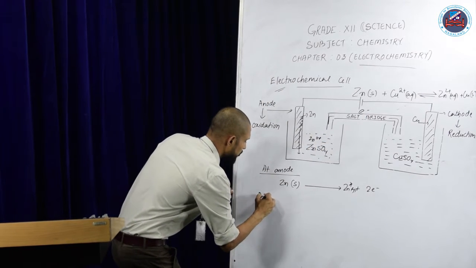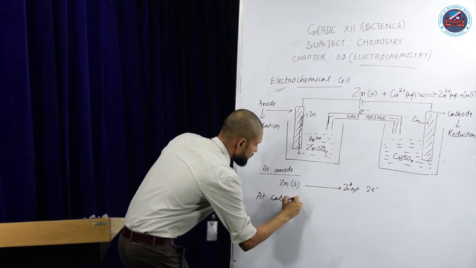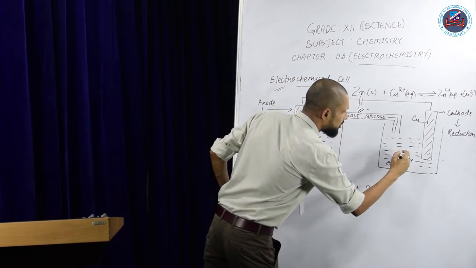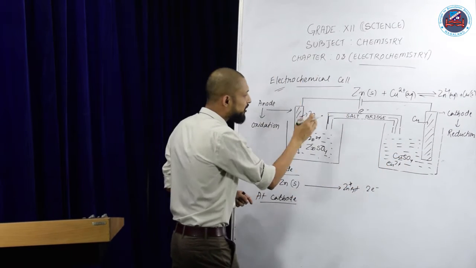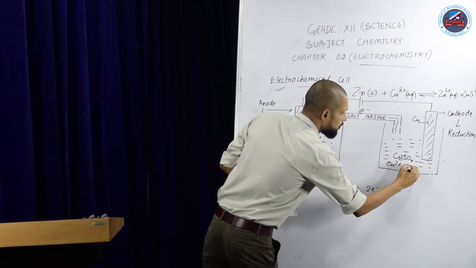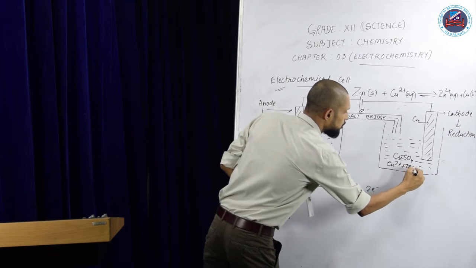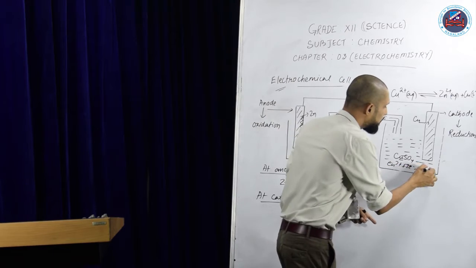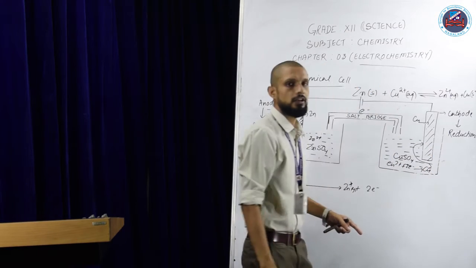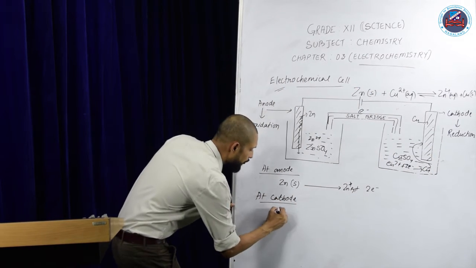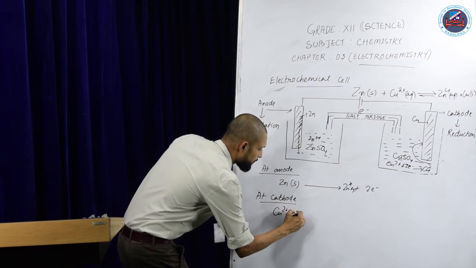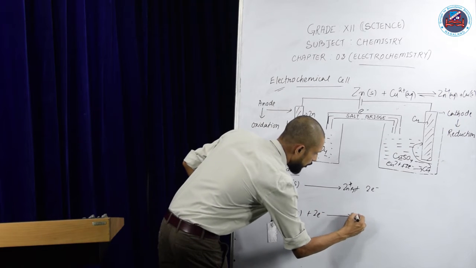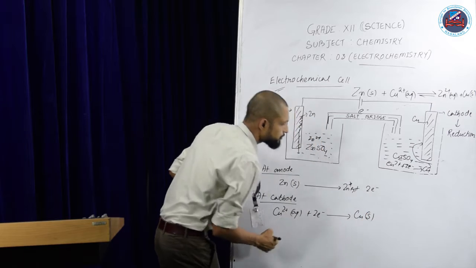So at cathode, the copper ion present in the solution will receive two electrons which come from the anode and is reduced to copper. And this copper will go and get deposited at the electrode. So at cathode, the reaction is Cu2+ aqueous will accept two electrons and will form Cu solid.